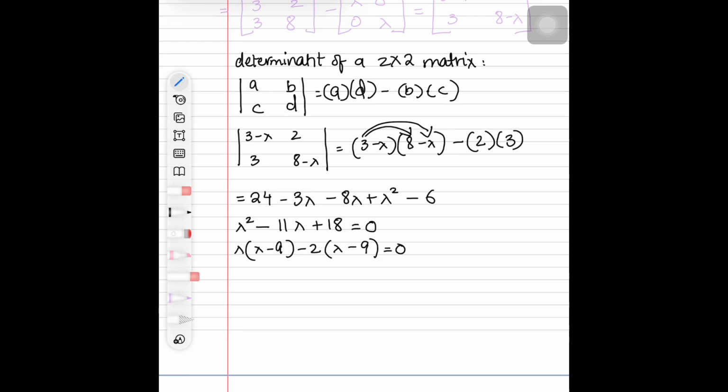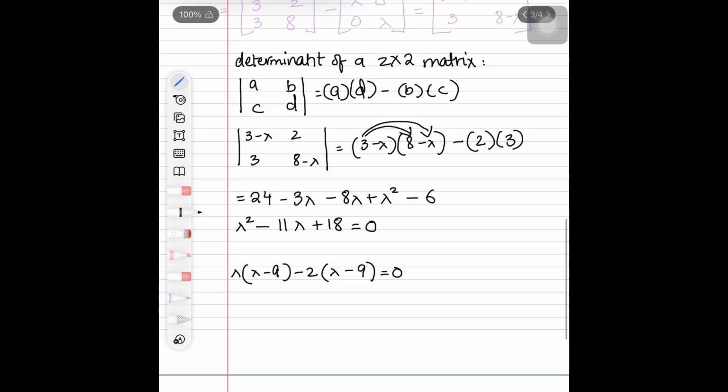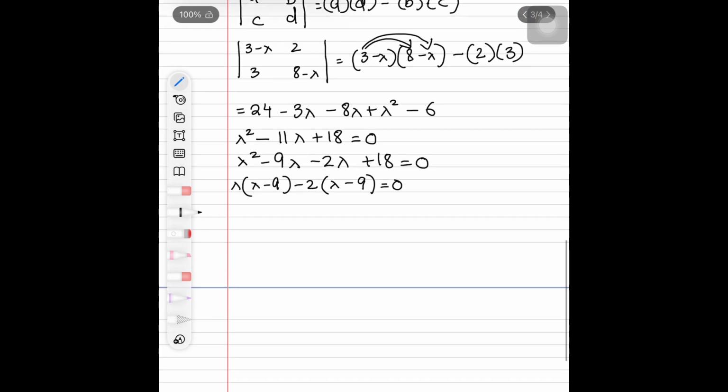I think I might have skipped this step. Let me write that down so that you guys know where this is coming from. So that is lambda squared minus 9 lambda minus 2 lambda plus 18 equals 0. So we factored the lambda and negative 2 from the top one, and we're left with lambda minus 2 times lambda minus 9 equals 0.